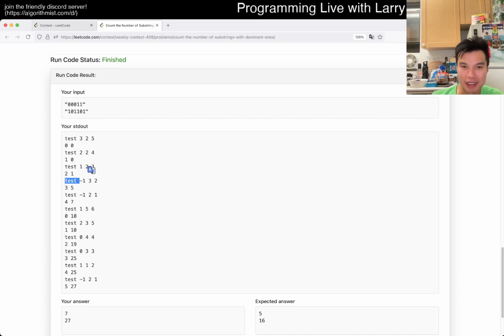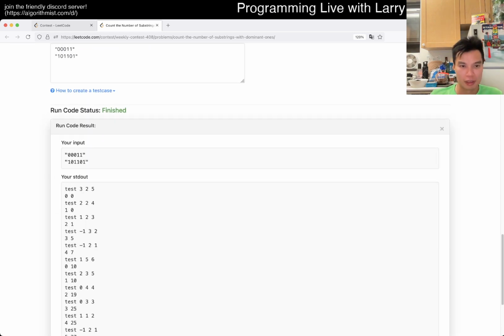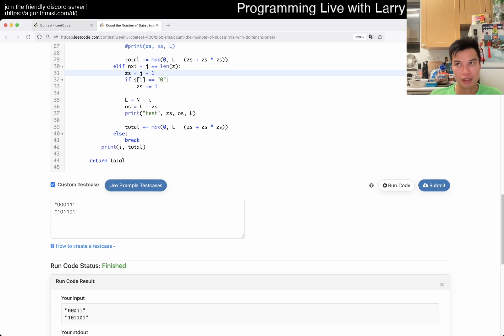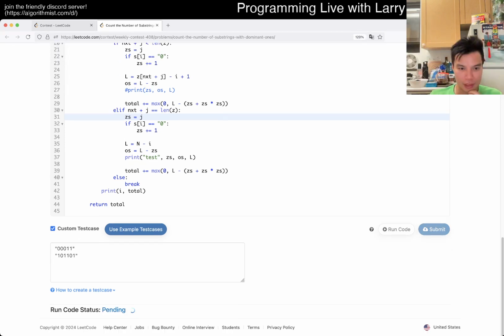Also, 0 should never be -1, I think. Oh, I guess so. I think this only needs to happen if it's... I think we want to have this idea of going all the way to the end. So this is actually just j, right? Yeah.